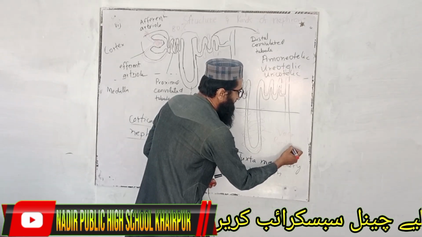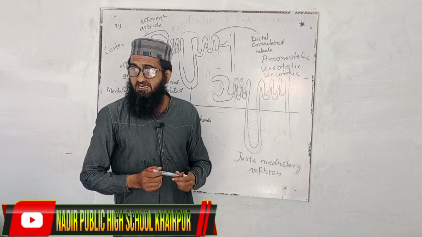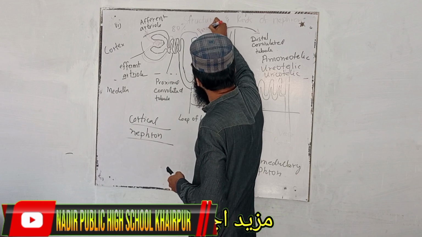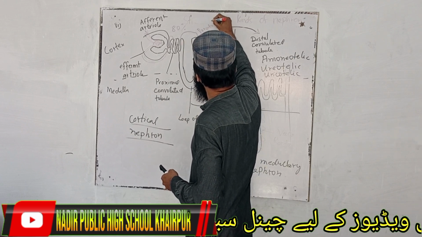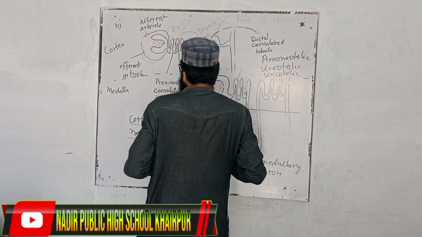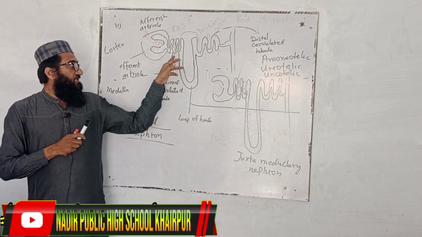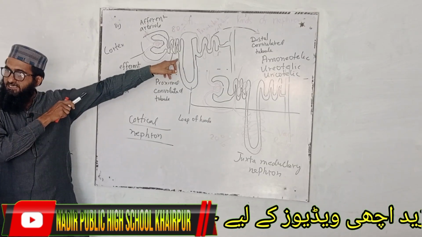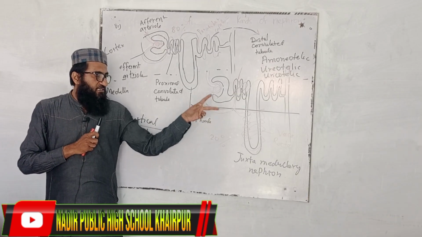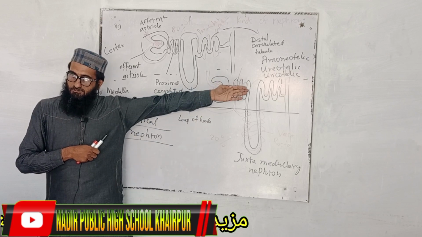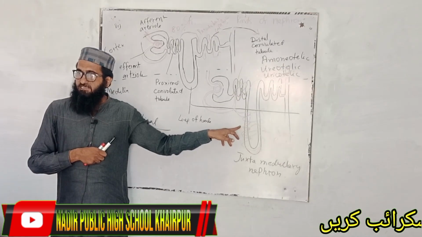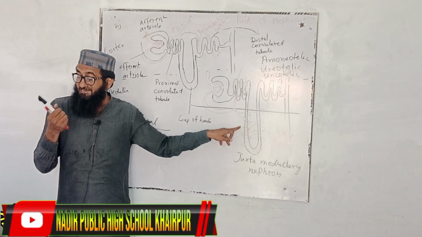But the capillaries that go towards the tubules, we call them paratubular capillaries. So blood goes to paratubular capillaries in case of cortical nephron, and in juxtamedullary nephron there are two partitions. One goes to tubules and we call them paratubular capillaries, and the other goes to the loop of Henle and we call them vasa recta.